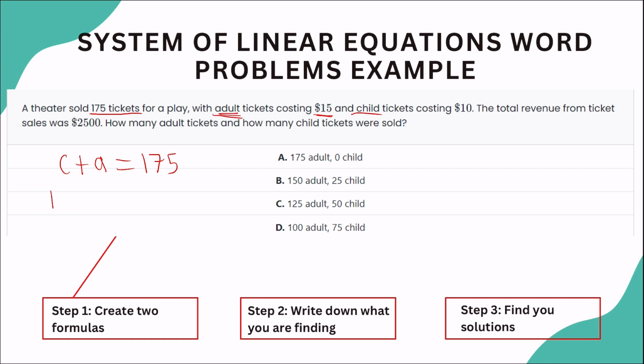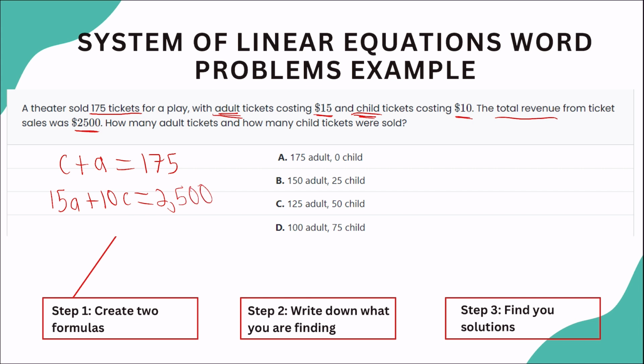So 15 times the number of adult tickets we sold, plus we have child tickets, and those are $10. So 10 times the number of child tickets we sold. And these two have to equal the total revenue, which it tells us is $2,500.